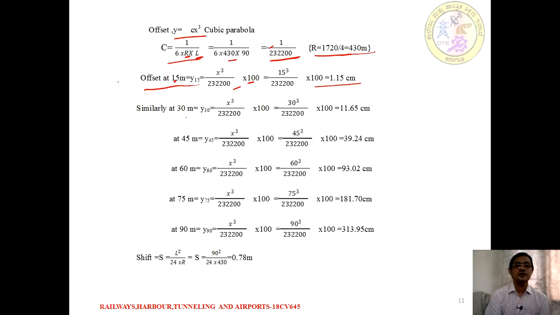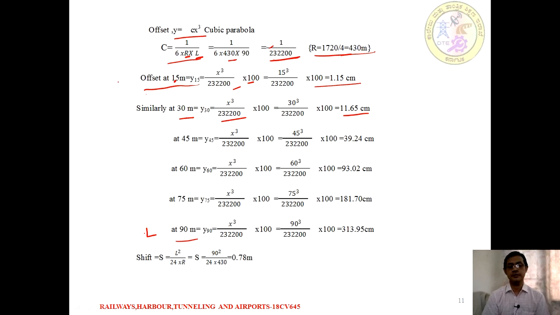Similarly, substitute for 30 meter, the same equation y is equal to c x cube, and we are going to get 11.65 centimeter. So on, till we end with the length of transition, which in this case is 90 meter.